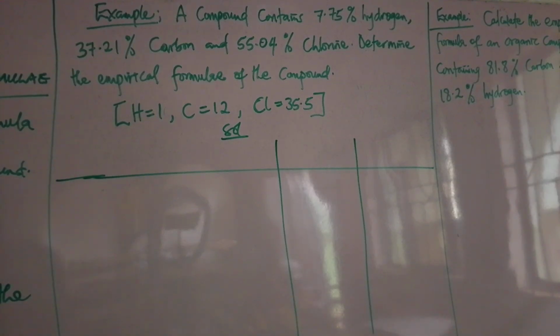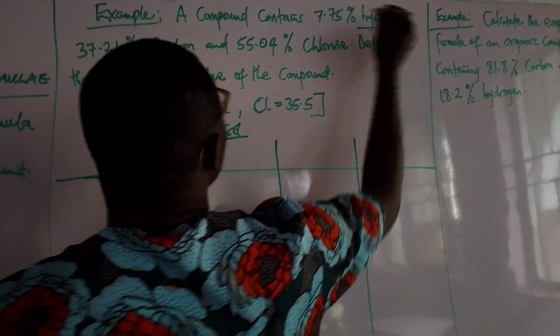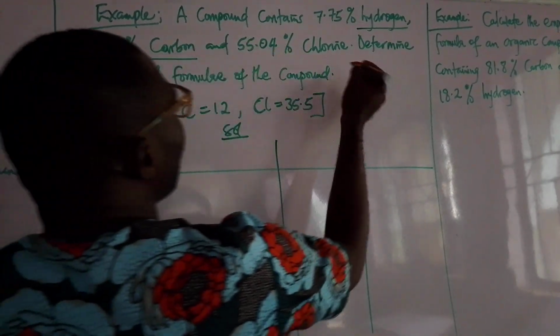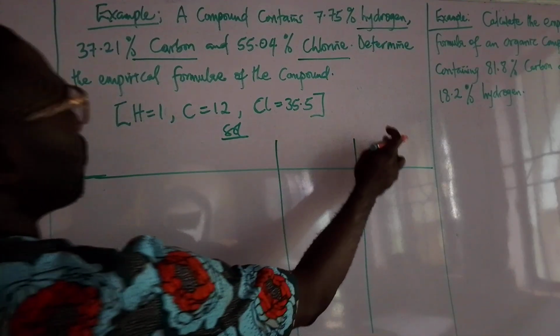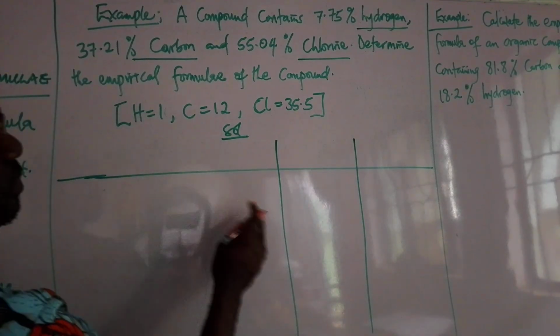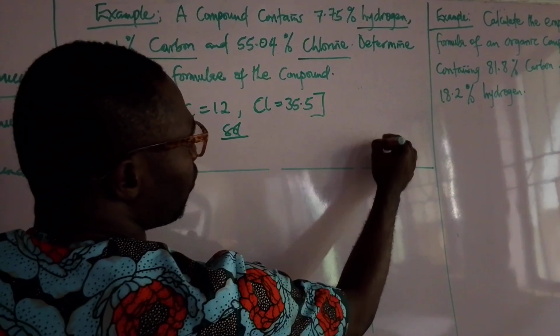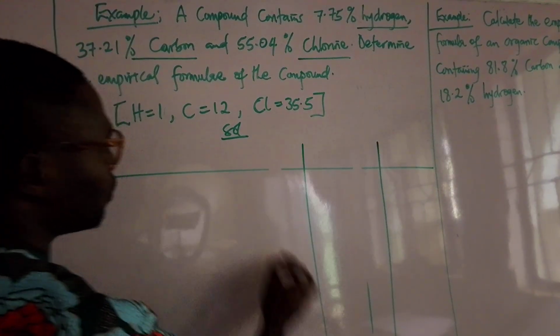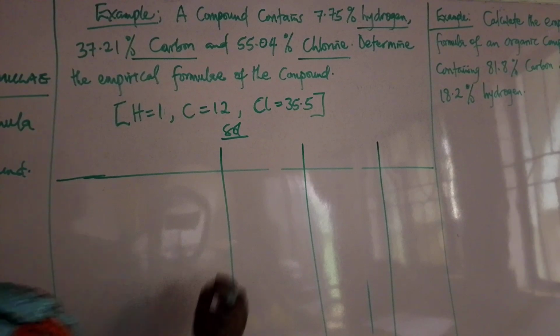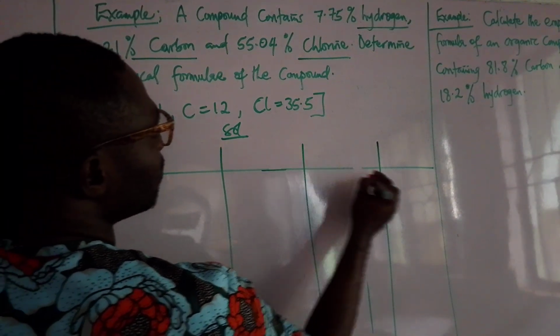So now, how many elements do we have? We have hydrogen, we have carbon, and we have chlorine. So I will have 1, 2, and the third one, so I will have 3, since I have 3 elements.